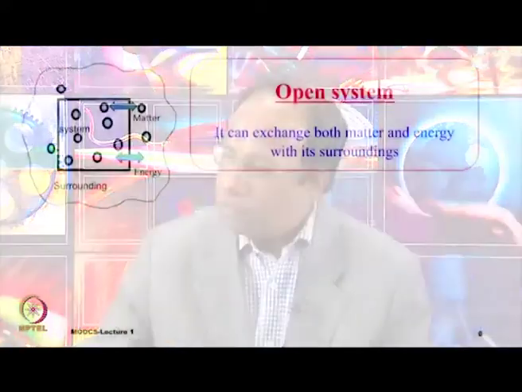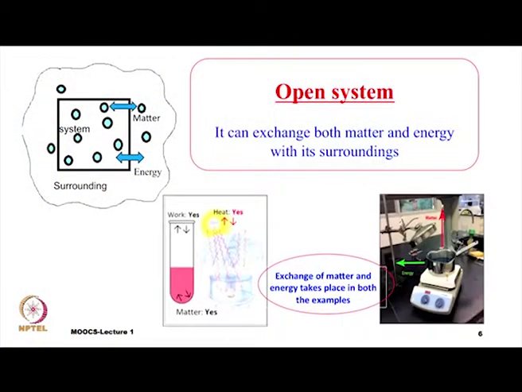Some examples of open system, in addition to what I just described: a reaction which is carried out in an open test tube and vapors are allowed to escape. Even a classroom, when I am teaching and I keep the doors open, my voice, my sound can reach outside.